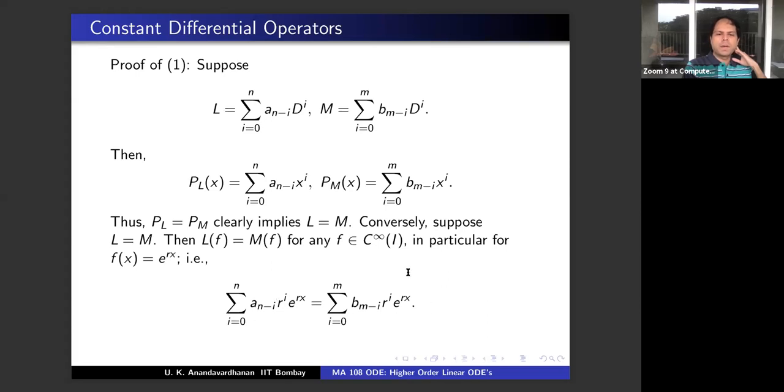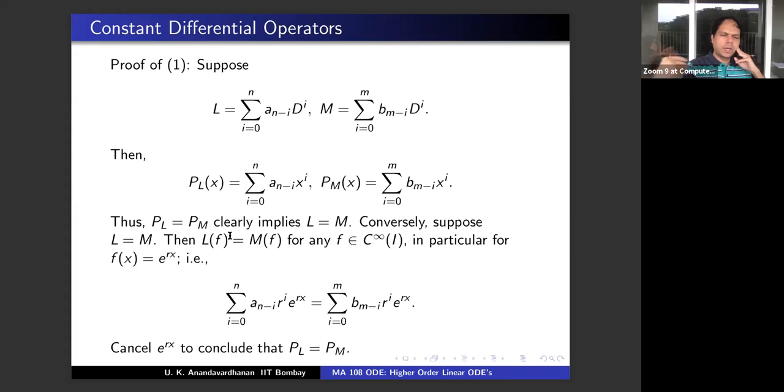And if you cancel e power rx, you will get summation a_{n-i} r power i equal to summation b_{m-i} r power i. And this is true for any r. That means the polynomial PL equal to the polynomial PM. So this is also easy, but one small step is required. If L equal to M, then Lf equal to Mf for each f.